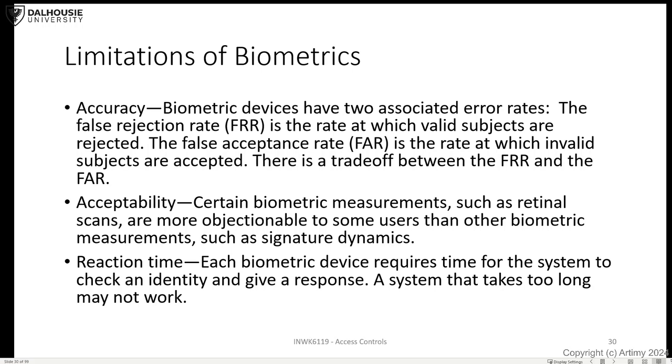So the reaction time may be slow compared to other systems, so you cannot use them widely like any other authentication systems. You may use them only for highly secure areas, or only at certain times, because the system takes a long time to react.